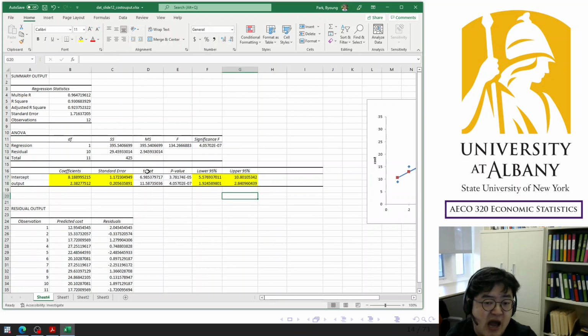Also, now this t statistic and p-value are based on the hypothesis that beta 0 is 0, beta 1 is 0. So we would like to test if they are 0 or not, right? If you assume they are 0, then you calculate the t statistic. T statistic is the difference between the estimator and your belief, standardized by the standard error. So you can calculate all the things.